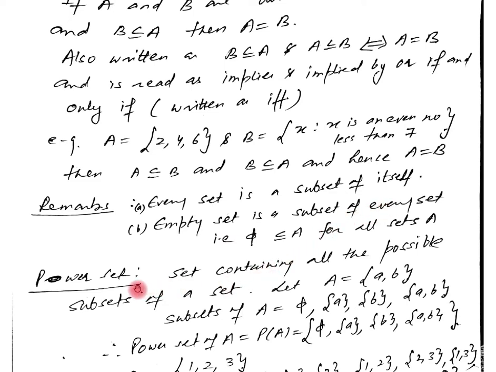Whenever you write down the subsets of a set, always put the first subset as phi. So what are the possible subsets of A? One is phi, another having single element a, single element b, and every set is a subset of itself. Therefore, we can write the set itself also. Now the number of subsets: 1, 2, 3, 4. These are the possible subsets of A.